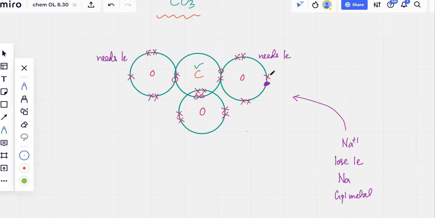The same would happen with this oxygen as well. Its octet is not complete. So if there's a sodium lying around in group 1, it loses 1 electron, and the oxygen over here is capable of gaining that 1 electron. So now each atom in the molecule has a complete outer shell.